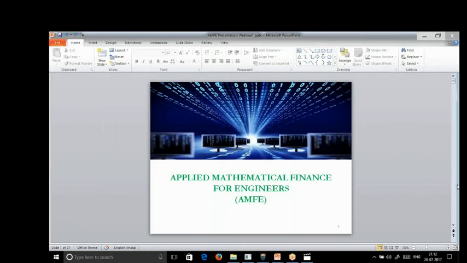So we'd like to place our students in such kind of roles. And for that, whatever the background, experience and exposure that the candidates are required to have, that is what we intend to put across through this program, the Applied Mathematical Finance for Engineers.